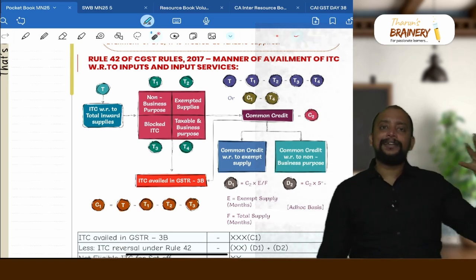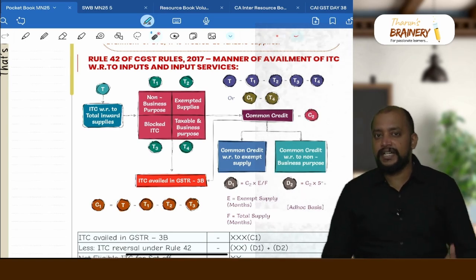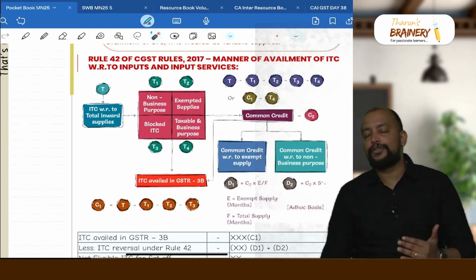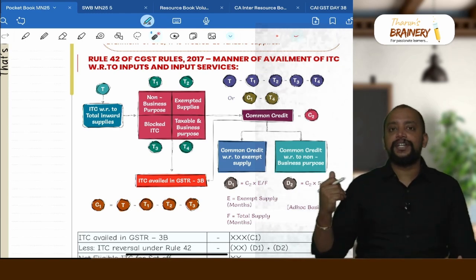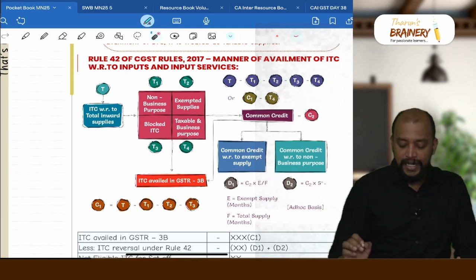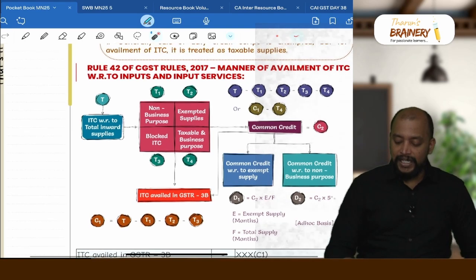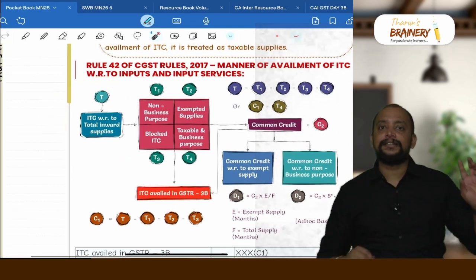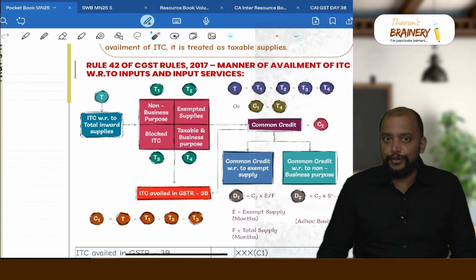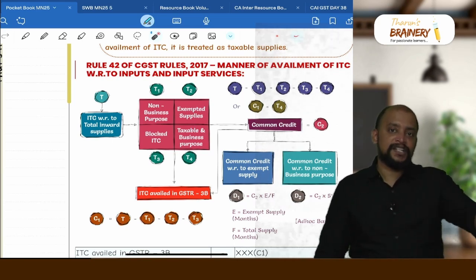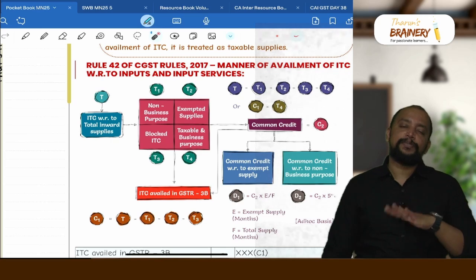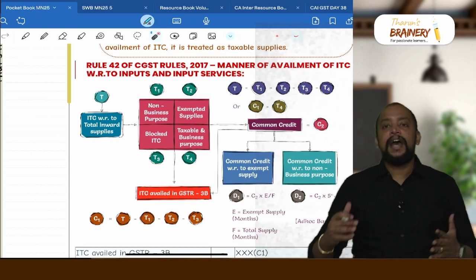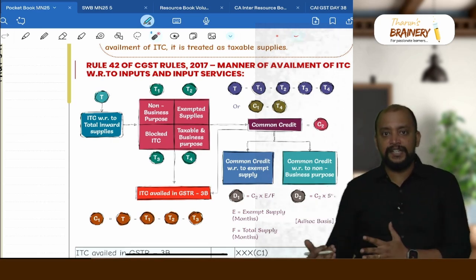Then what is the manner of availment and reversal of ITC? So we have rule 42 and rule 43. Rule 42 is for inputs and input services, rule 43 is for capital goods. Rule 42 says, first we need to see the total GST paid on inward supplies, that is T, and now we need to segregate into 4: inward supplies for non-business purpose T1, inward supplies for exempted supplies T2, inward supplies which are blocked credits T3, and inward supplies which are used for taxable and business purpose T4.